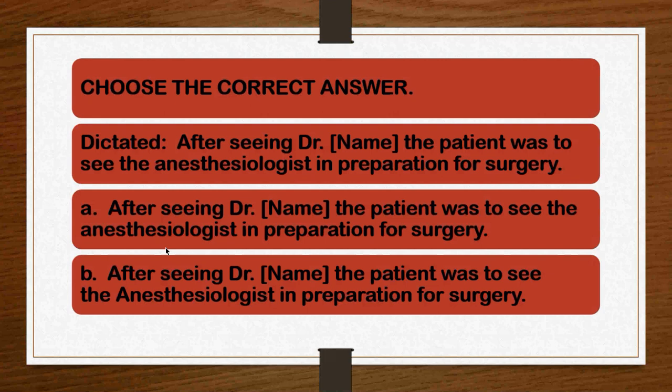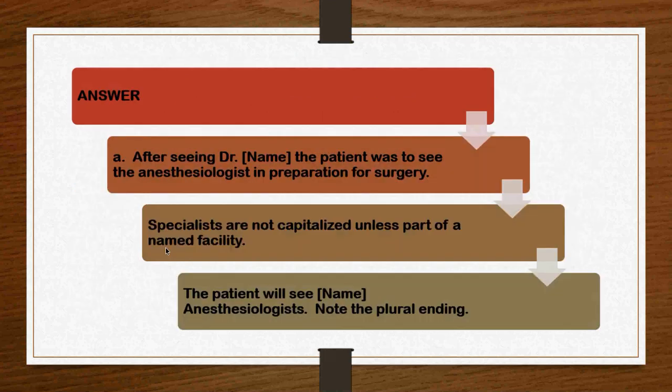Okay, and the answer is A. It's a generic term. It could be any anesthesiologist in the country. So specialists are not capitalized unless they're part of a named facility. And in that case, it would probably be plural. The patient will see scrubbed information anesthesiologist. They're just scrubbing the name there, like North Carolina anesthesiologist.